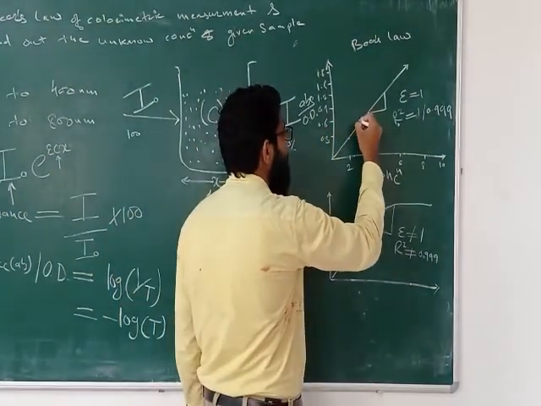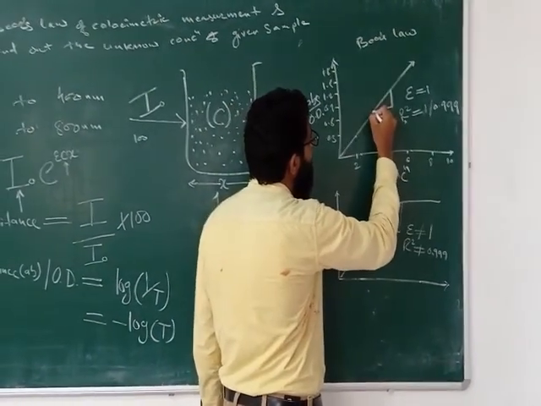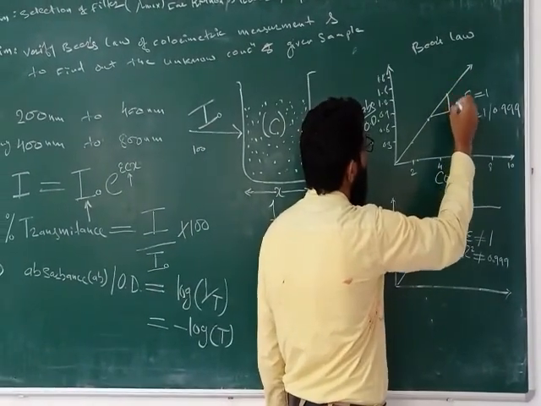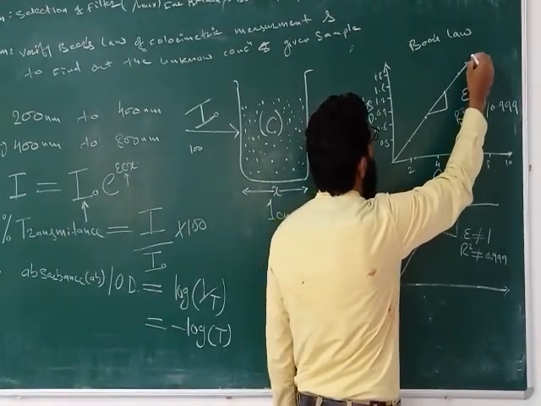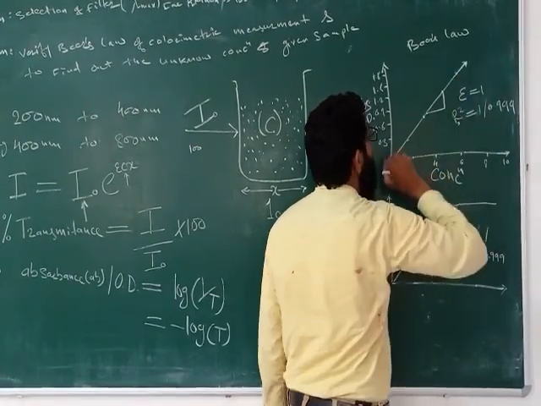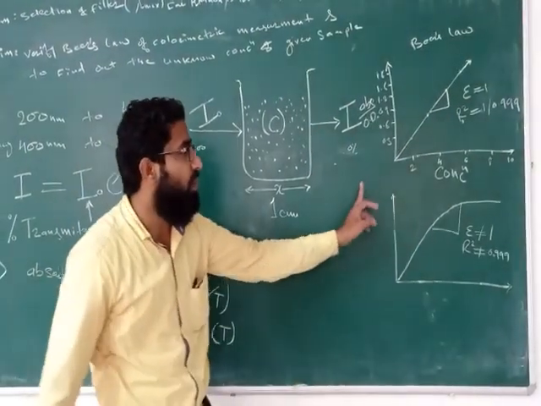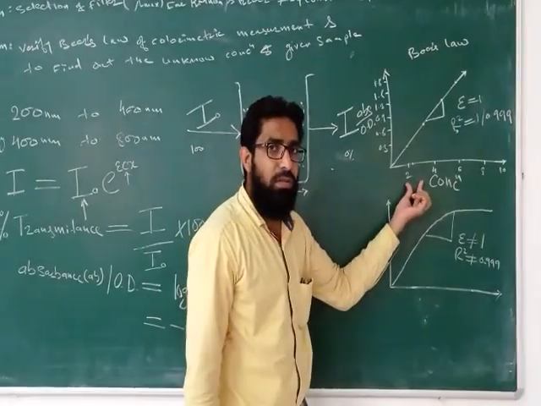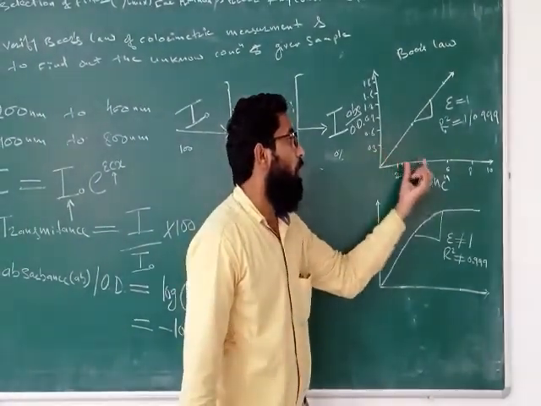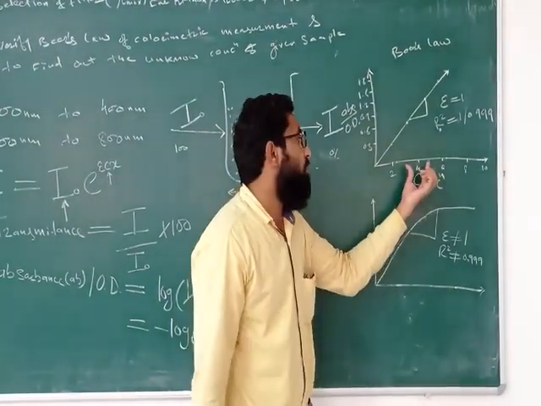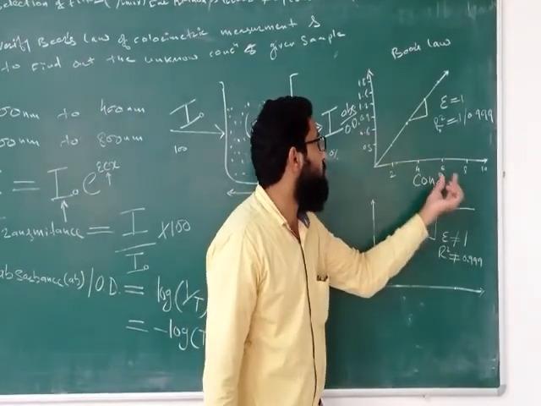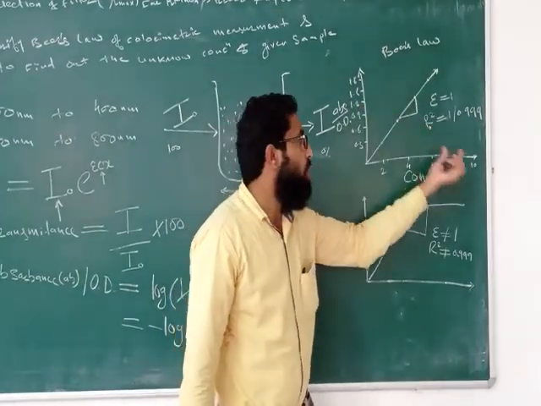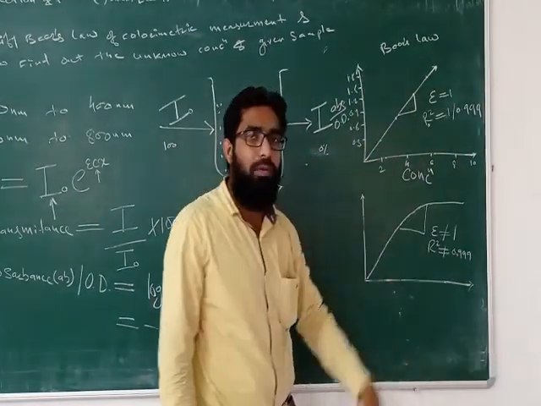If it has 4, then 0.6. If it is 6, it has 0.9. Then 1.2. Then 1.5. It is a linear line passing through the origin. For an ideal solution, for 4 microgram it must be 0.6, for 6 microgram it must be 0.9, for 8 microgram it must be 1.2, and for 10 microgram it must be 1.5.